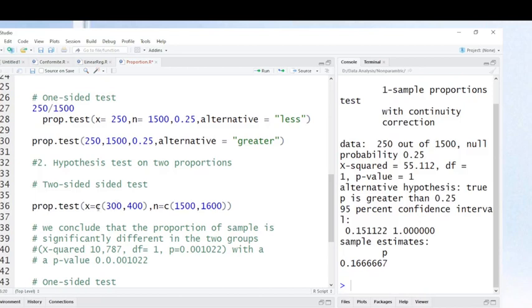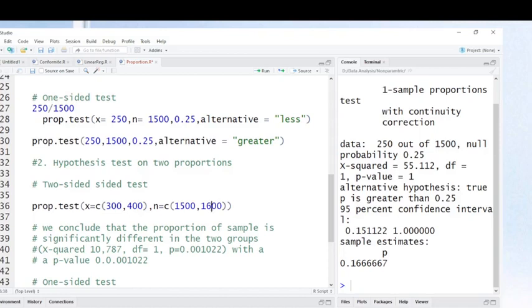Okay, friends, this is the success in this sample, and this is the success in this sample. And we want to compare to see whether these proportions are equal. Suppose that we conducted a market survey and we found that, for instance, this population is against the product, and this one agrees with the product in this sample.